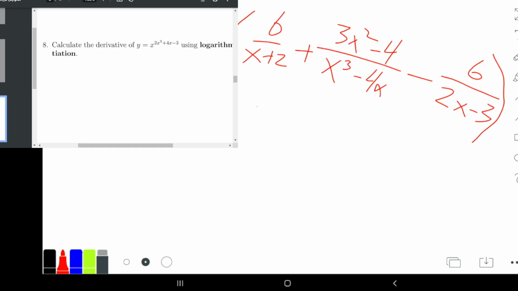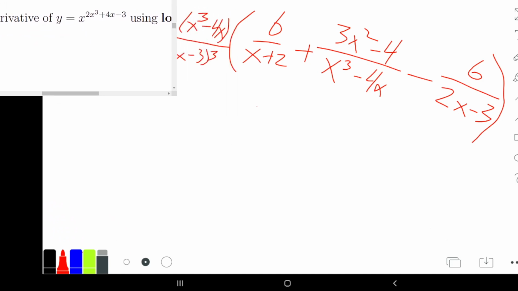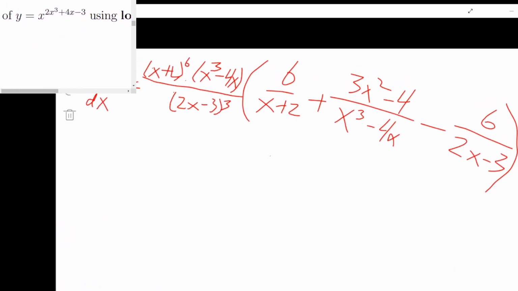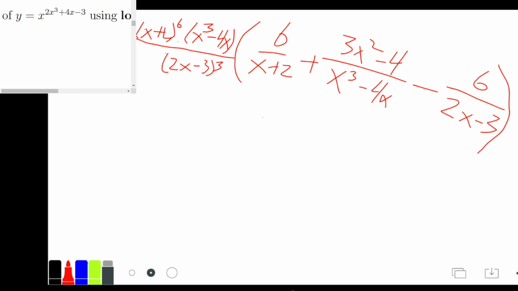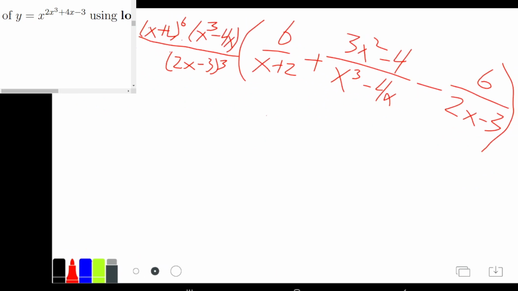It's going to get pulled out front as a coefficient, as a term that we are multiplying the logarithm by, just like any other exponent would. It's just that here, the exponent happens to be a polynomial. So let's work on that.